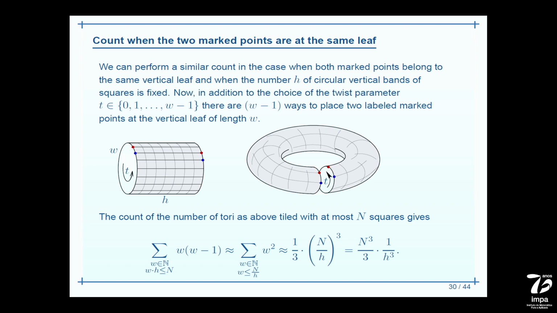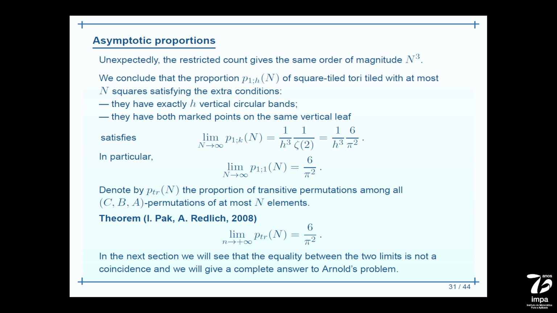It's elementary, and surprisingly, it's still n cubed, meaning that the frequency of these is of the same order as the frequency of the previous ones. And in particular, I can compute the frequency of those which have a single band of squares, so the ones for which h is equal to 1, among all of them, and the answer is 6 over pi squared.